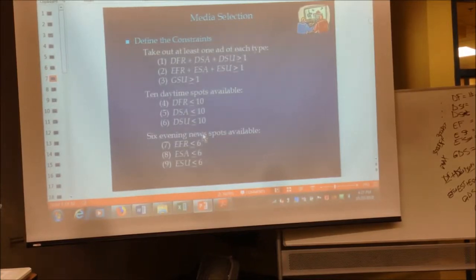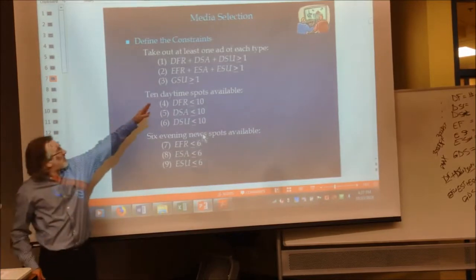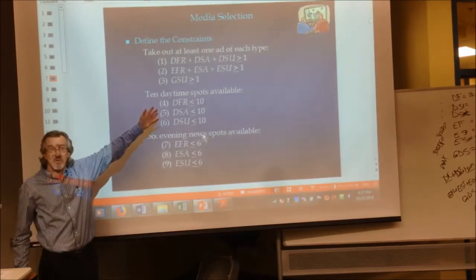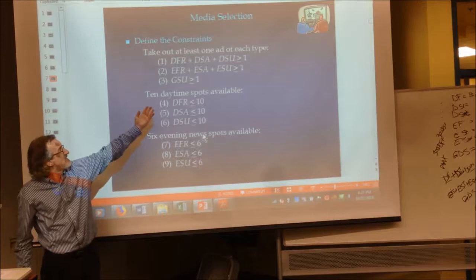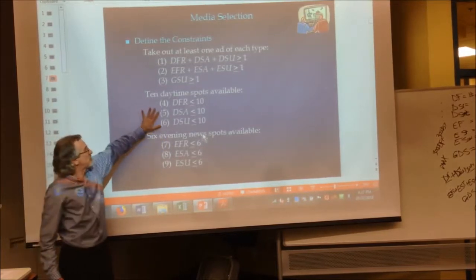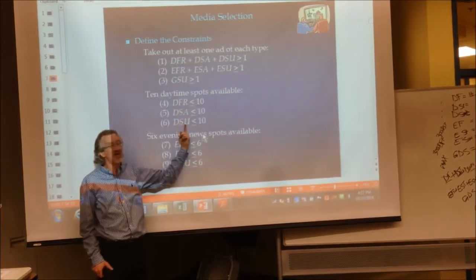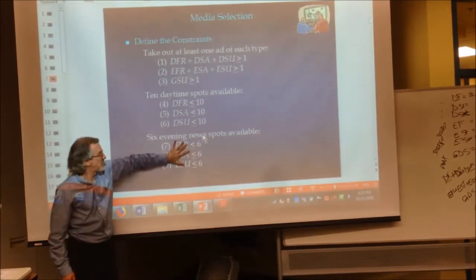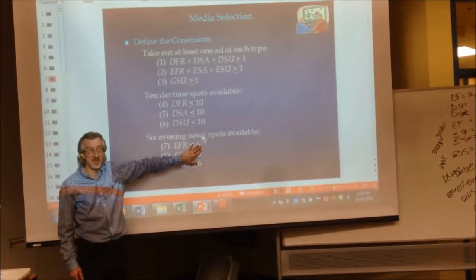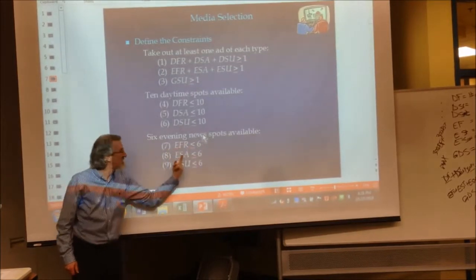Here are our variables. For the first 3 variables, there has to be at least 1 ad of each type. We wrote those 3 out because there's daytime, evening, and game time. The next 3 variables say there's only 10 available each day: Friday, Saturday, Sunday. The next 3 say there's only 6 evening ads available each evening: Friday, Saturday, Sunday.